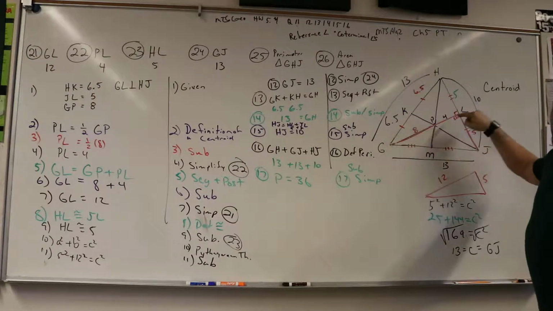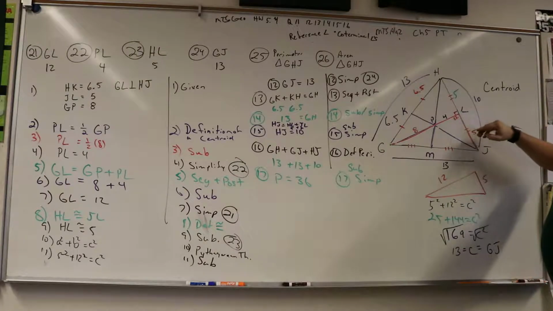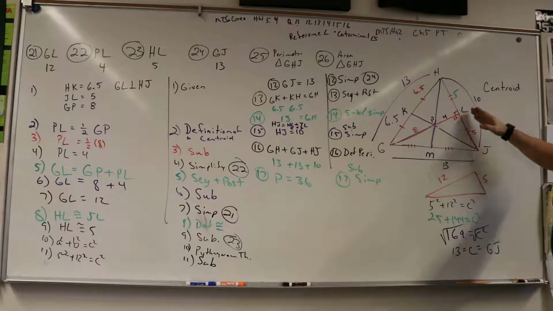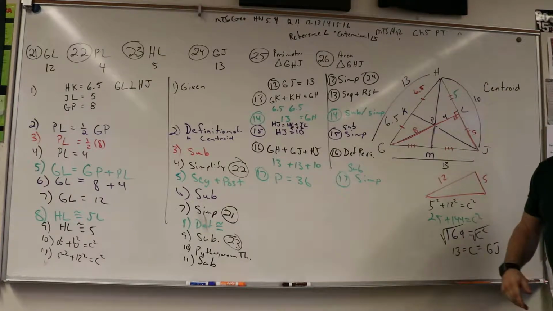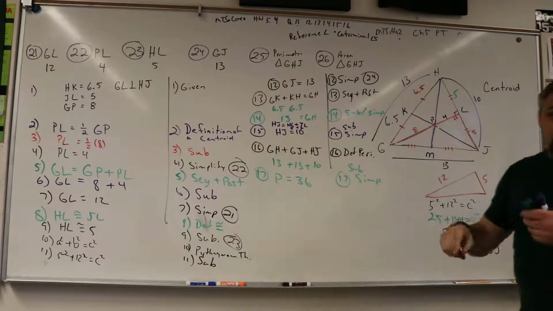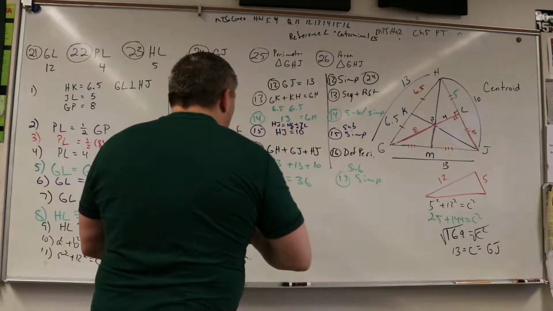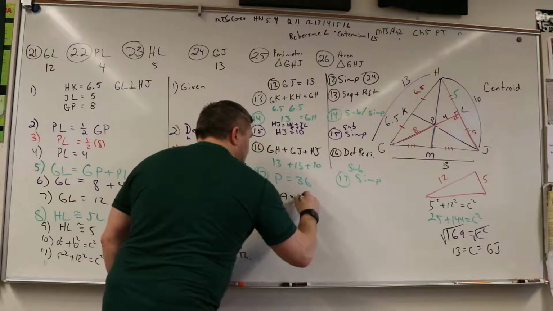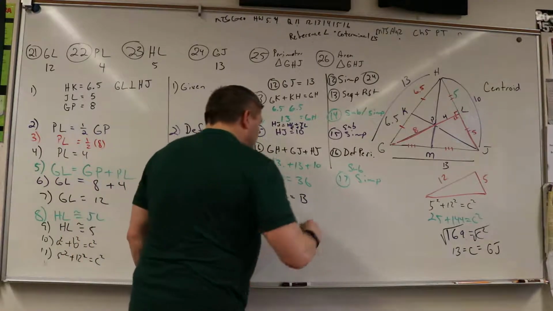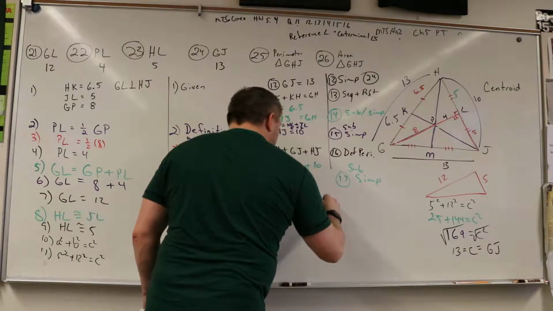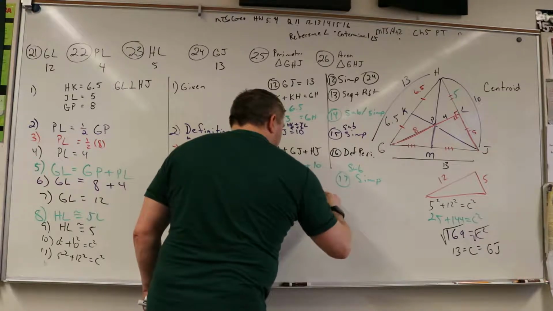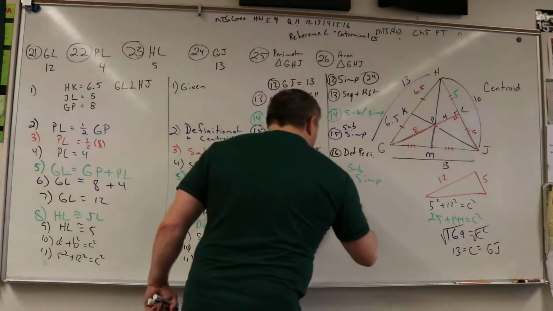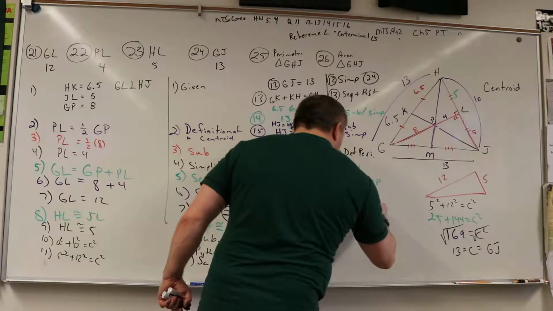That's 12, right? And because it's perpendicular, that's good. And the base is what? Okay. So we know that area is equal to the base times the height times 1/2, right? That's the definition of an area, right?